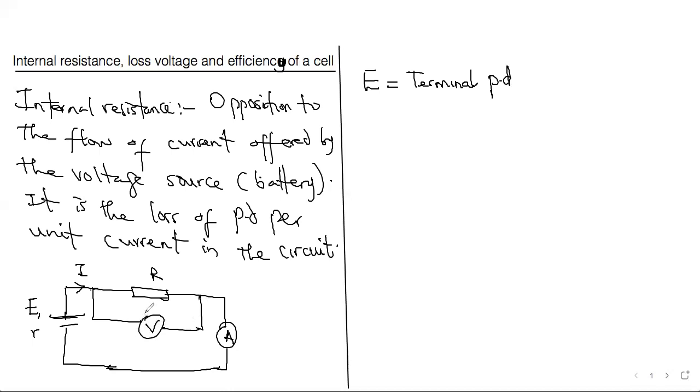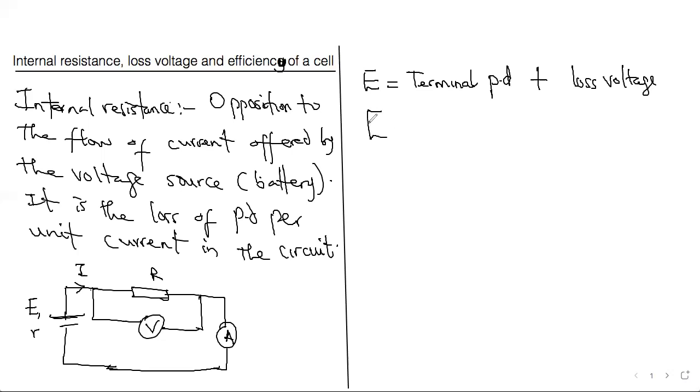That voltage V is the terminal PD plus the loss voltage. There'll be a kind of loss due to the internal resistance. Okay, so the terminal PD, which is the potential difference that this voltmeter will read, is basically the current that flows through the circuit multiplied by the resistance.